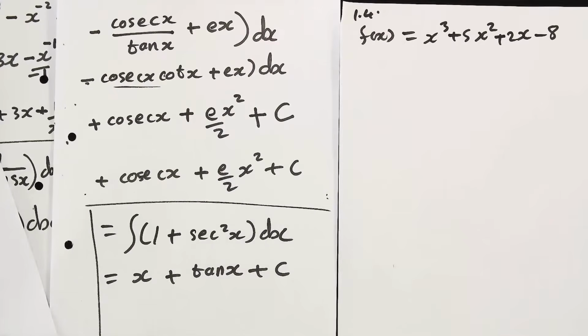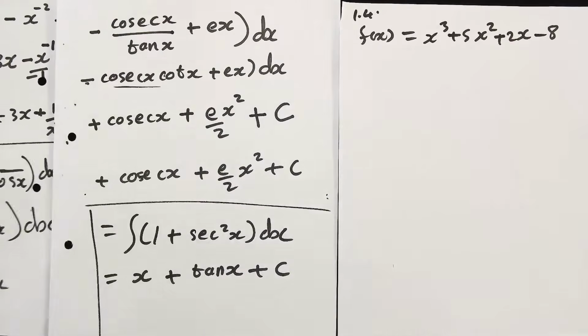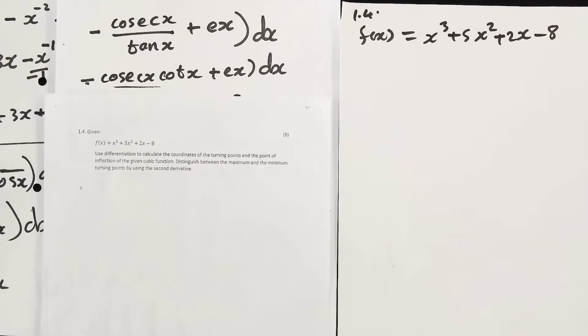So let's say we have f of x equals x cubed plus 5x squared plus 2x minus 8. So the question said, use differentiation to calculate the coordinates of the turning points and the point of inflection of the given cubic function.